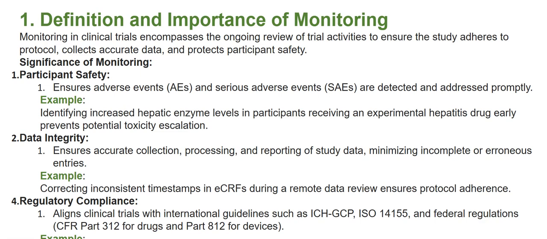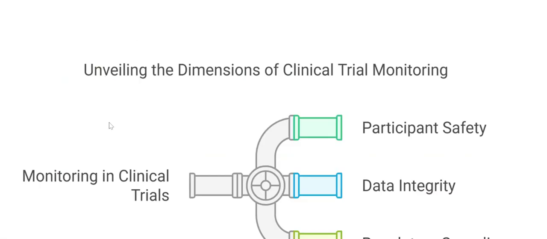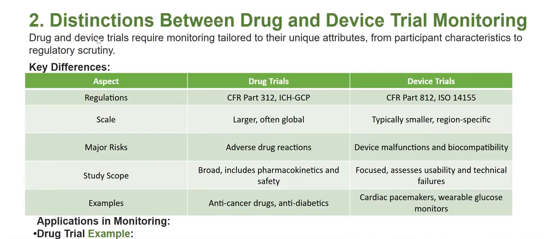Example: a cardiac pacemaker study ensures biocompatibility testing compliance under ISO 14155 and CFR Part 812 because it is a device. And here is a diagram unveiling the dimensions of clinical trial monitoring. As monitoring clinical trials, we have participant patient safety, data integrity, and regulatory compliance.